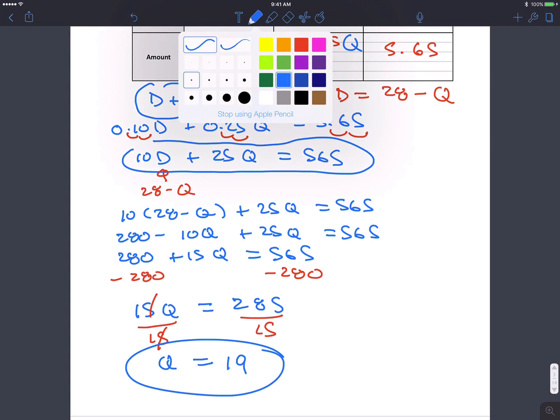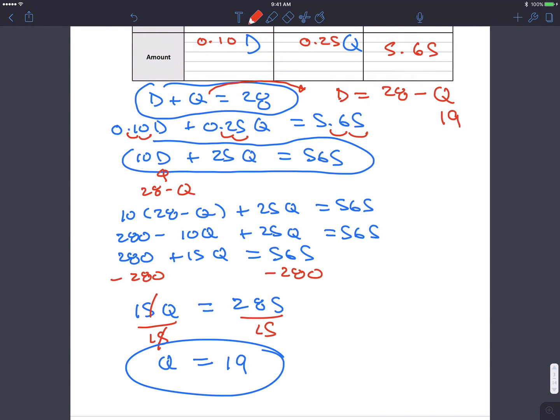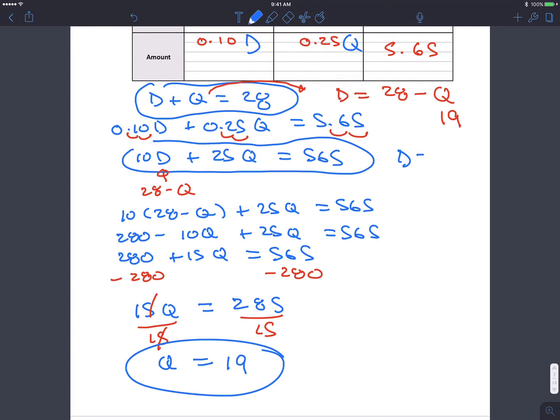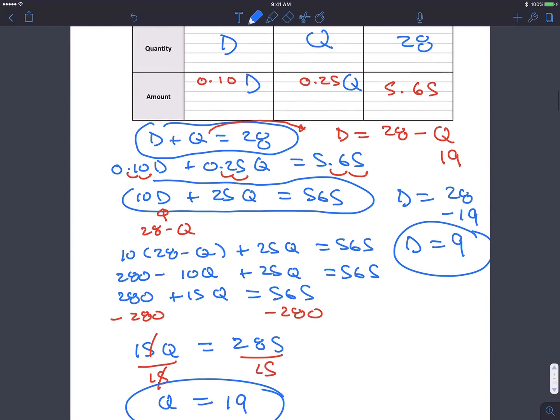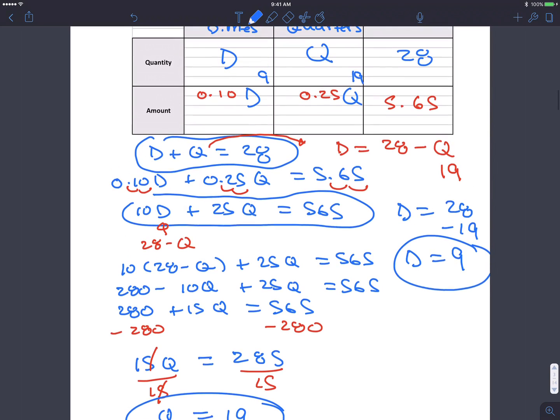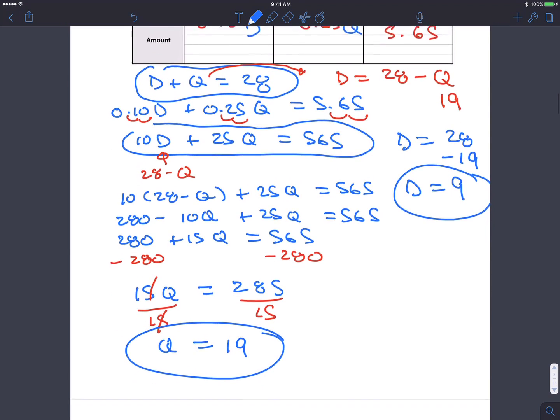Using back substitution, plug in 19 for Q so that the number of dimes becomes 28 minus that 19, so we're going to have 9 dimes. Notice that if I have 19 quarters and 9 dimes, we do have 28 coins. And you're done.